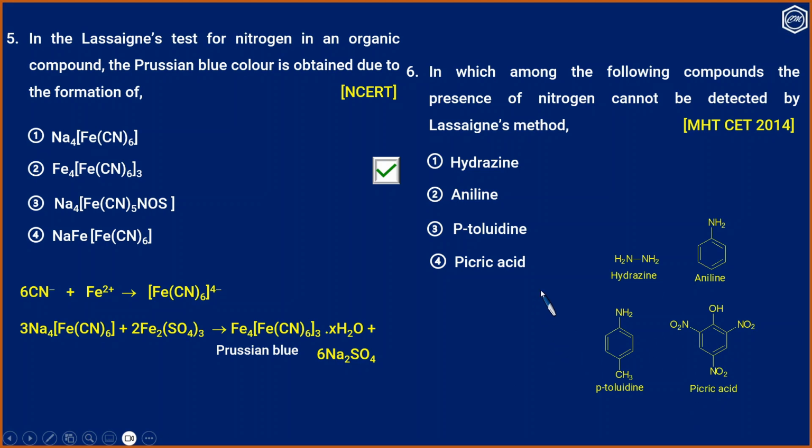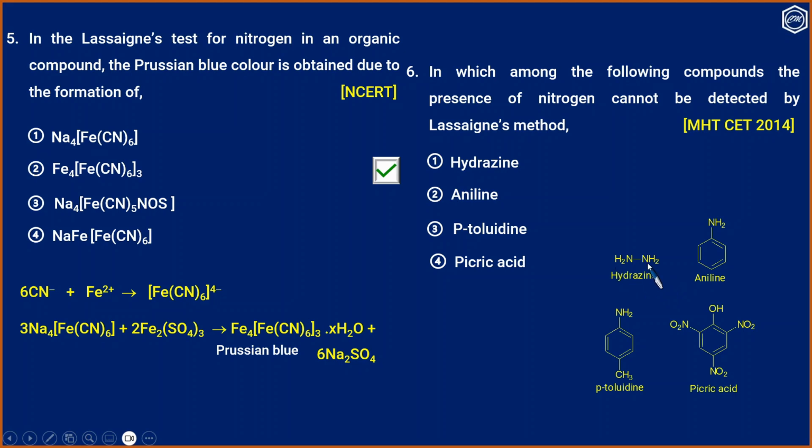All these compounds contain nitrogen. But in the case of Lassaigne's test, when we fuse the compound with sodium, sodium cyanide is formed. That means sodium plus carbon plus nitrogen gives sodium cyanide. But in the case of hydrazine, there is no carbon atom.